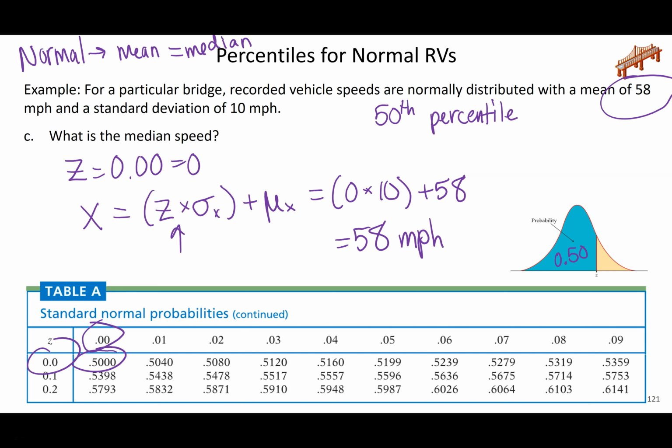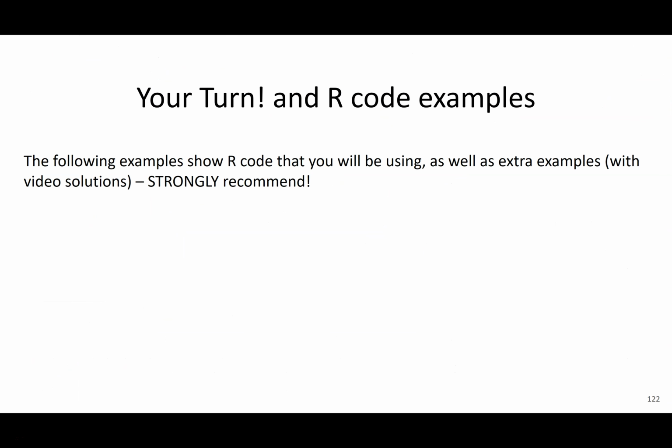You can use that information to say the mean and the median are equal to each other. So you could have just said, mean and median are equal on the normal, and said 58. Or you could have found the 50th percentile, found that z-score, and worked backwards. Both should get you to the same answer, and I believe that is it for us.